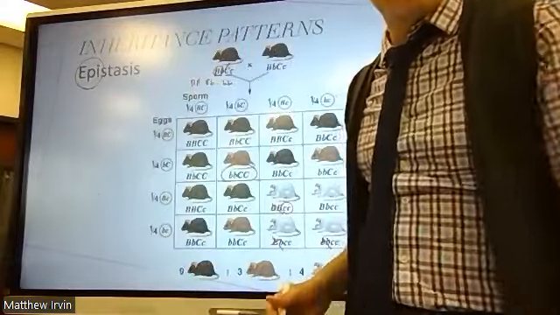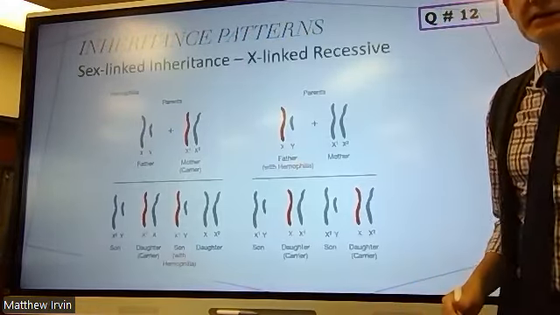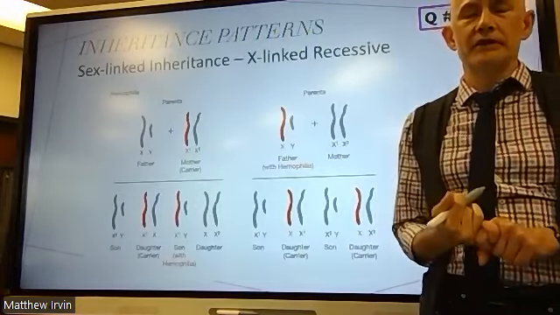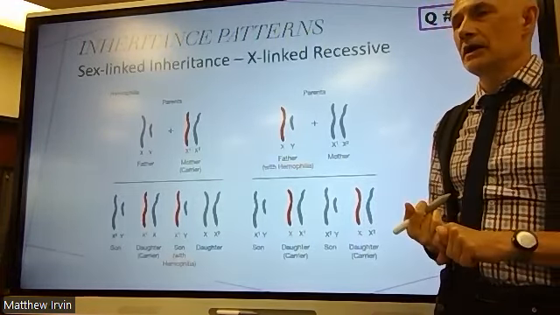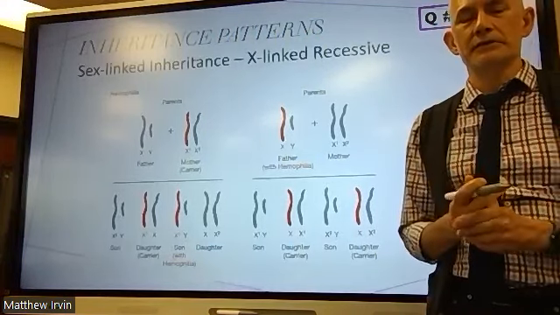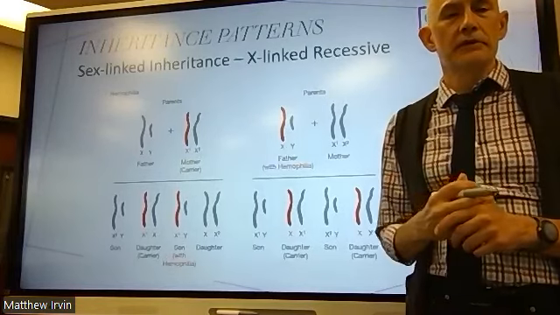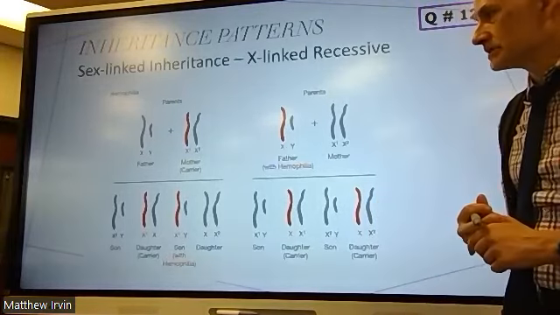We also have sex-linked inheritance. So this is where we have traits that are carried on the X chromosome. Mainly, there are some traits carried on the Y chromosome, but mainly our sex-linked inheritance, we're going to be looking at X-linked traits.